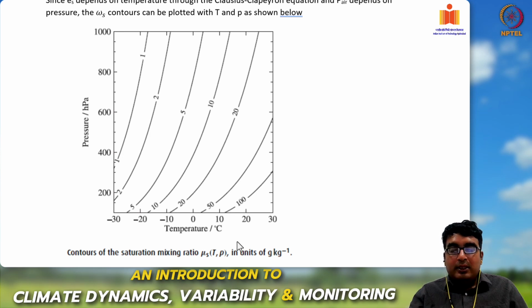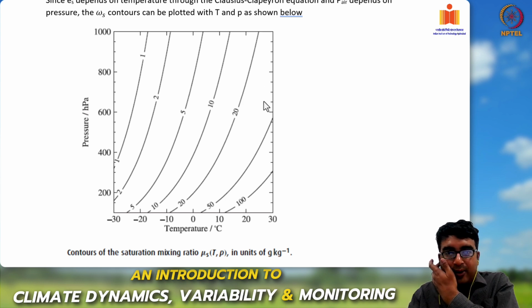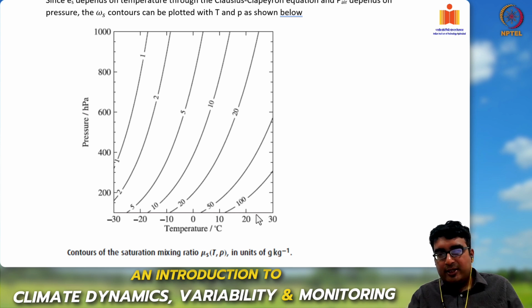So if you look, for example, at 1000 hectopascals and at say 20 degrees centigrade, if you go up, this 1000 hectopascals, 20 grams of water vapor are present per kg of dry air at around 25 degrees centigrade. Okay.